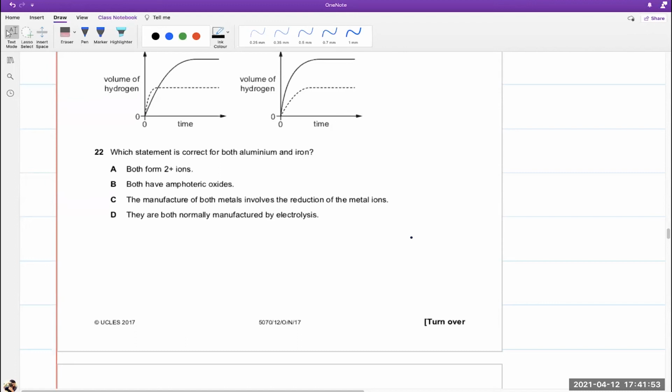Gold was precious, silver was precious, platinum was precious because it was easy to find them in pure form. Aluminium was ridiculously expensive at one time because it took a lot of rare conditions for you to get pure aluminium. लोगों को redox reactions नहीं पता था. I remember there was this famous story that Napoleon Bonaparte, the king of France, if you were a guest at his house, you would get served in cutlery made of gold.